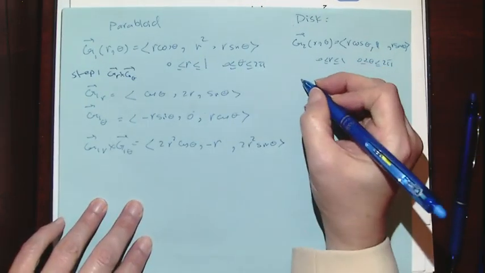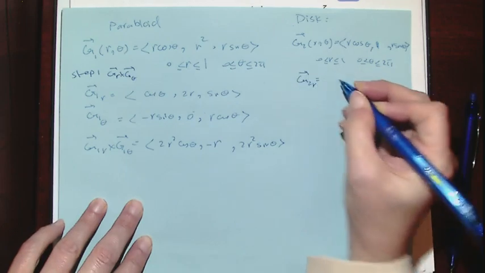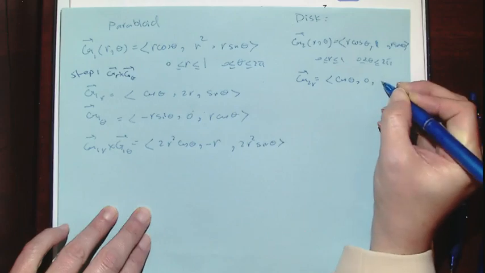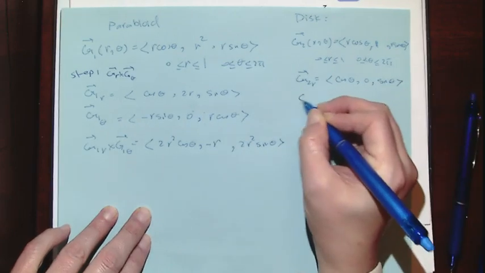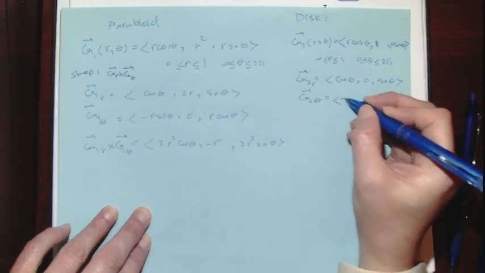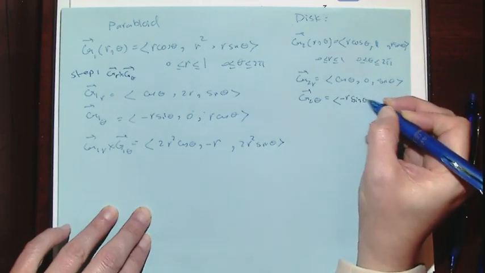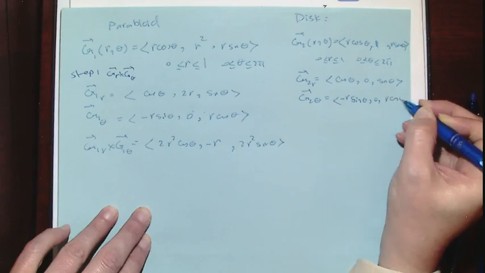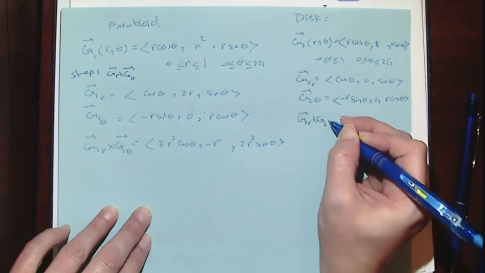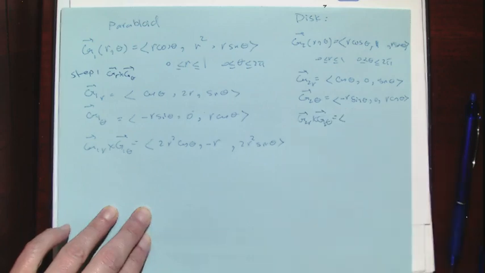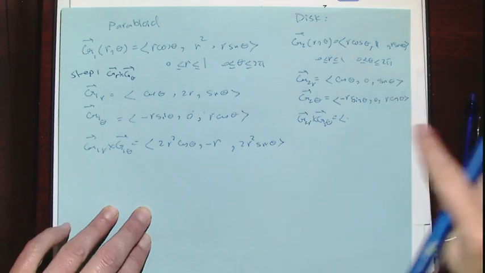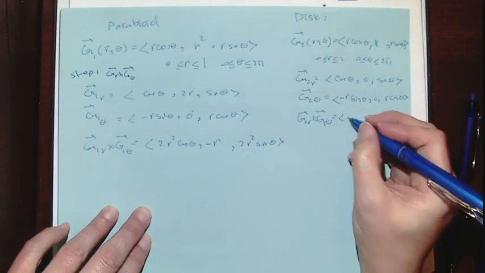Let's do the same step for G2. G2 sub theta is going to be minus r sine theta, 0, r cosine theta. G2 sub r cross G2 sub theta is what? First one is 0.